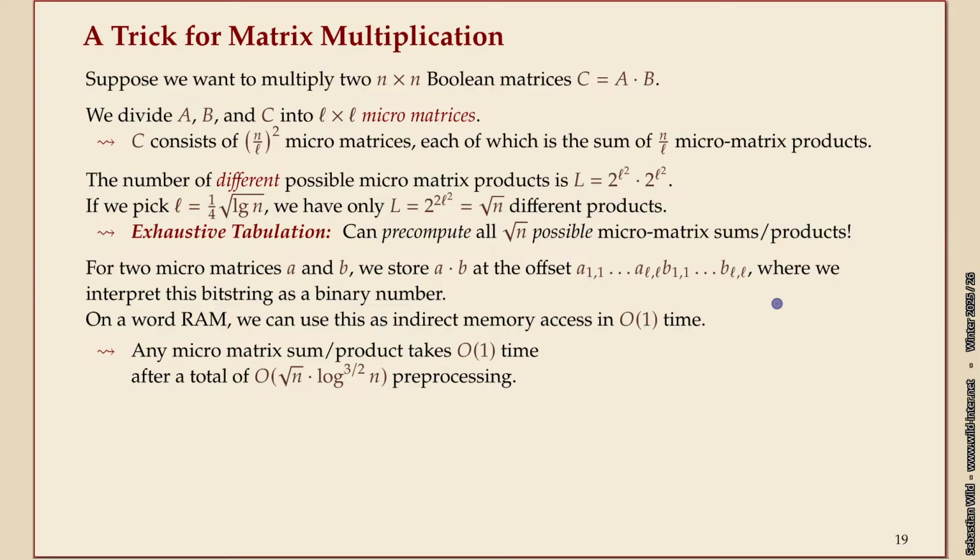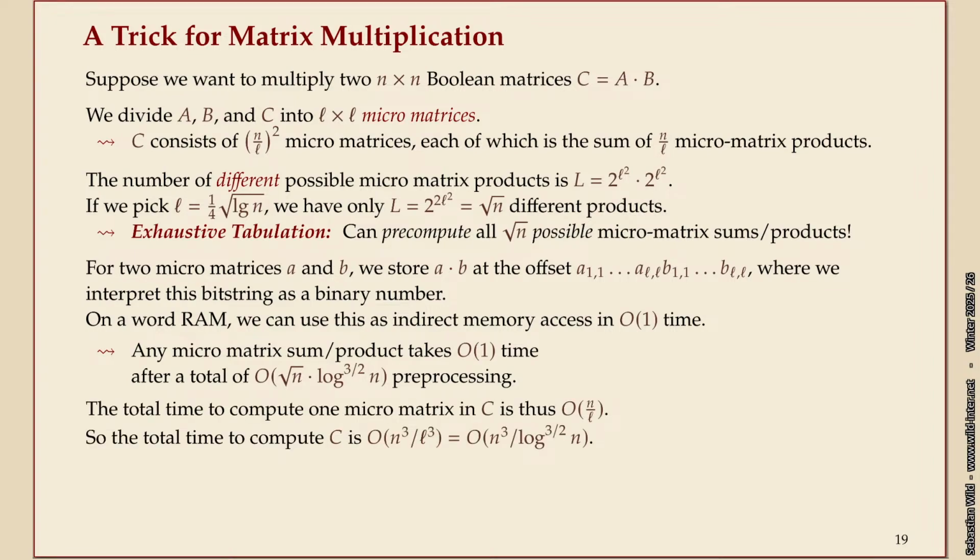And so with a single memory access, you can read off the result of these micromatrix operations after the pre-computation. And the pre-processing, you can also work out, depending on how expensive it is. Maybe it's at most cubic, and then the size of the L cubed works out to log to the 3/2, and you have so many of these.